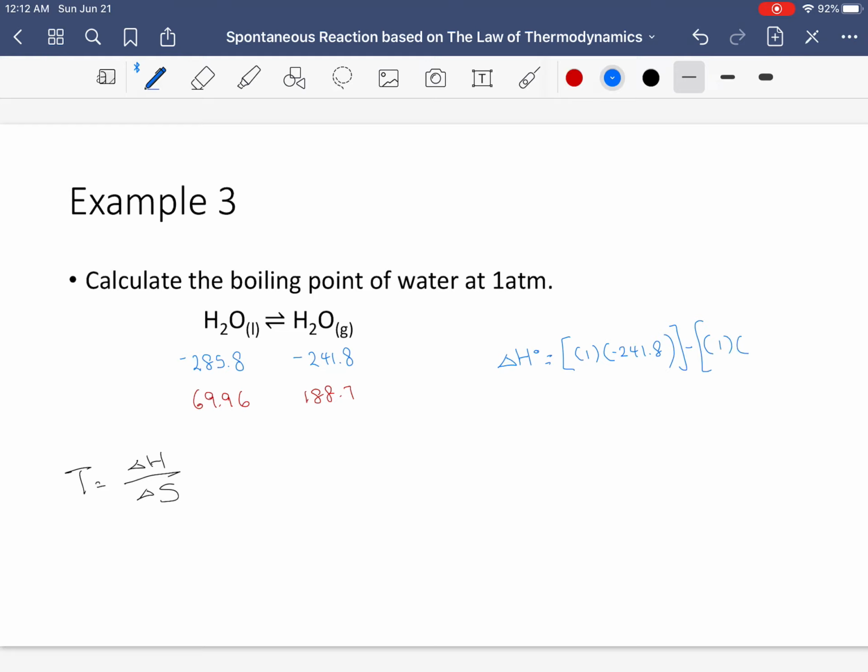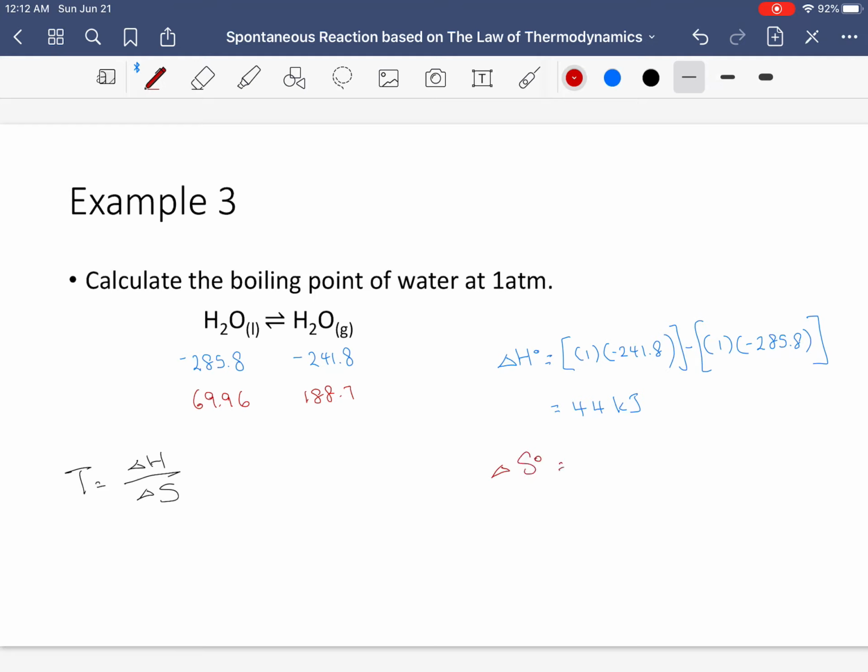Minus 1 times negative 285.8. Okay, this is very simple. I'm able to do subtraction in my head. So that's 44 kilojoules. I'm going to put in the units right now.